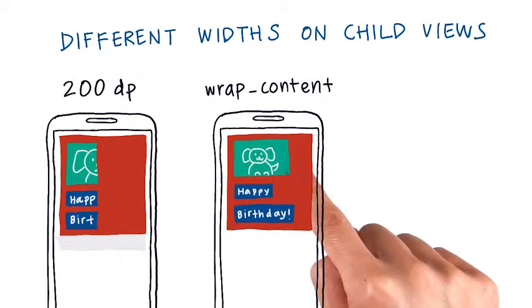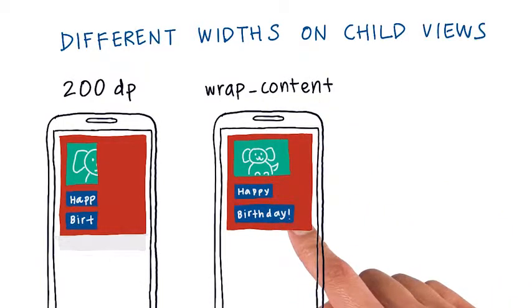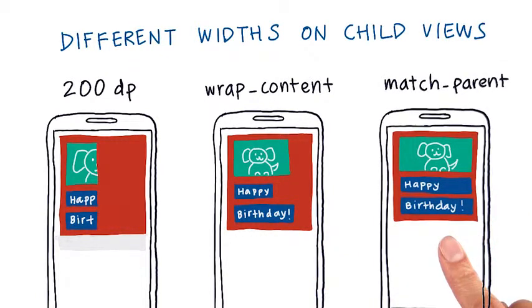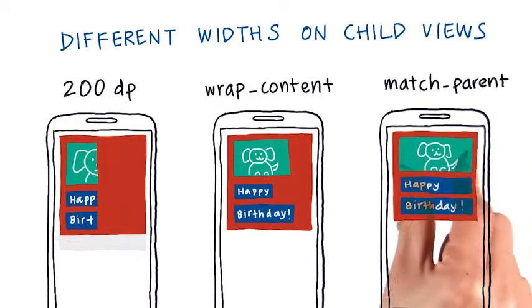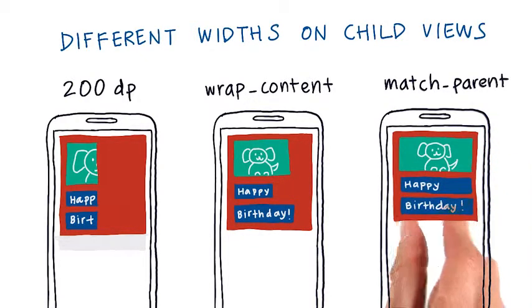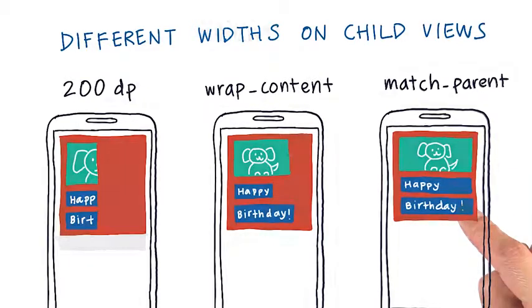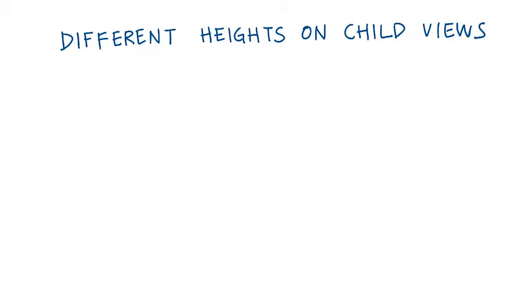Now all the content is shown, but the width of each view really varies based on what's inside each view. In this example, we set the width of each child view to be match parent. Now you see that the width of each child is as wide as the parent view group, regardless of the content inside of it.